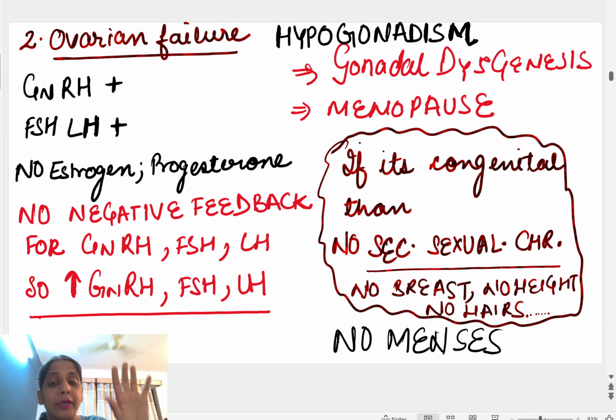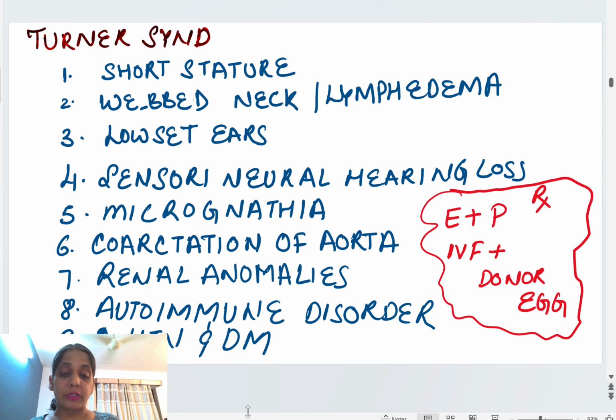There the girl presents with loss of secondary sexual characteristics and loss of menses, with primary amenorrhea. And in ovarian failure also the girl presents somewhat similarly, but there is hypergonadotropism. You all know that one of the causes of ovarian failure is Turner syndrome. So we should all know the features of Turner syndrome.